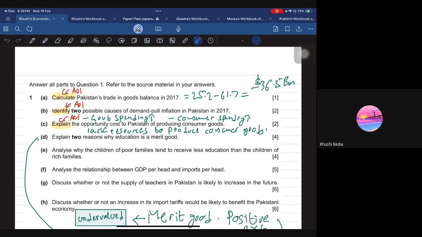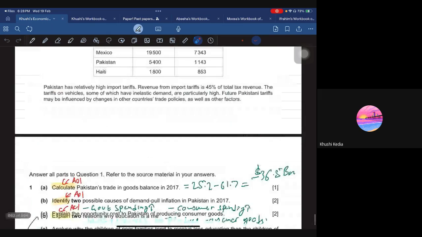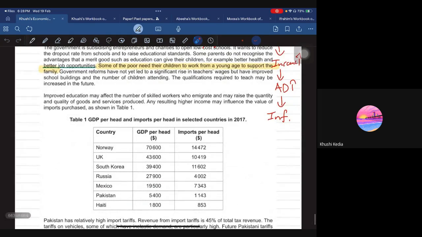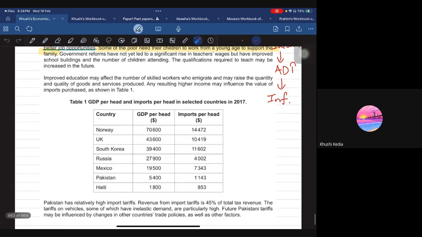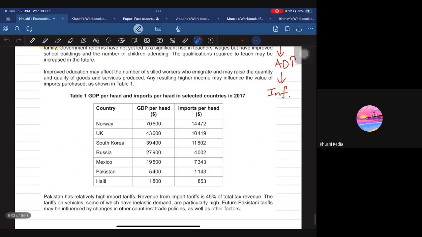Right. So now the next question is: analyze the relationship between the GDP per head and so on. There is a lot of discussion required for this question. I didn't understand this part when I was reading the case. Don't worry about it.